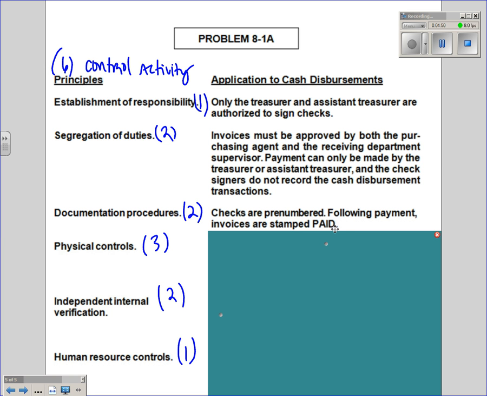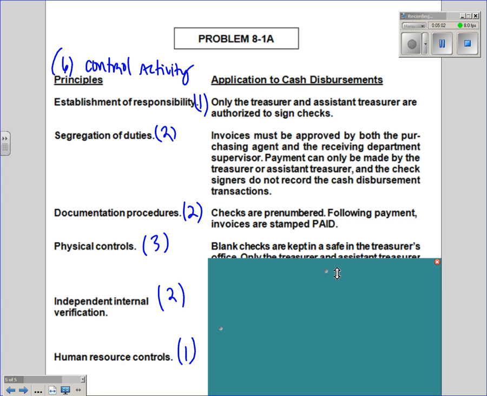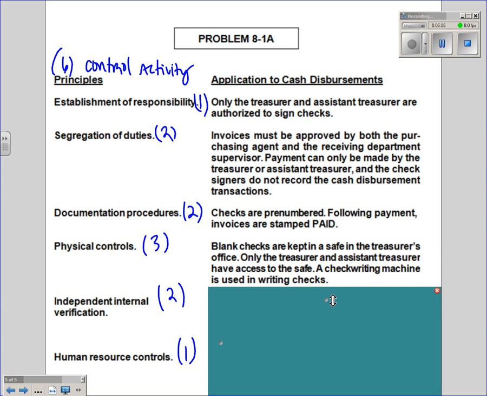Okay, physical controls are when things are physically locked or special verification is needed to even get at stuff. The chat or the little things showed 3. Blank checks are kept in a safe, only in the treasurer's office. Only the treasurer or the assistant treasurer has access to that safe. So let's stop there.